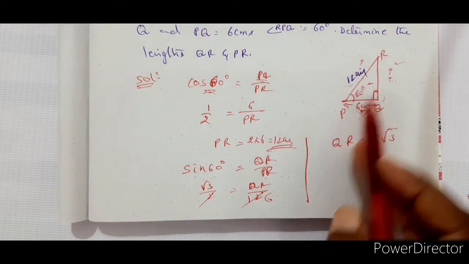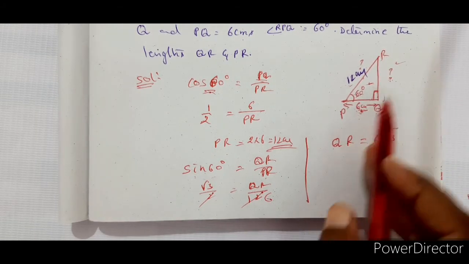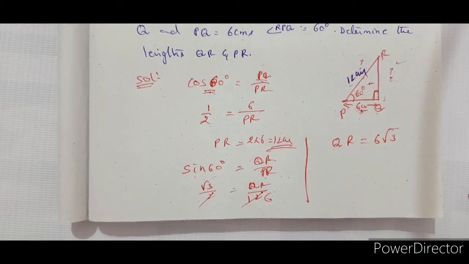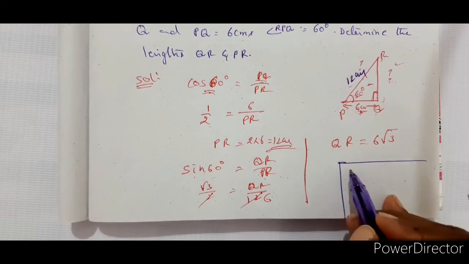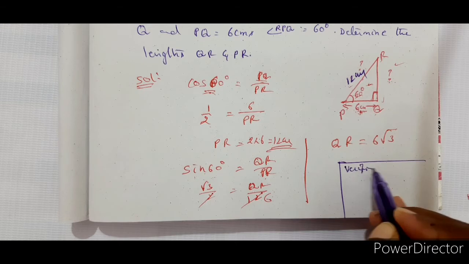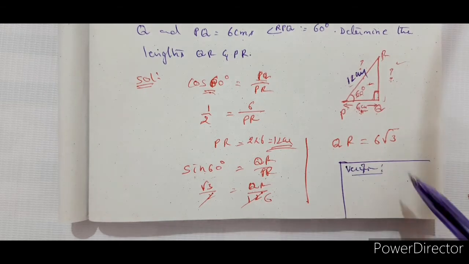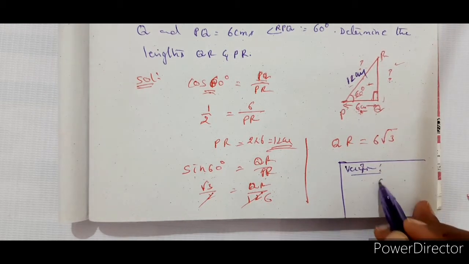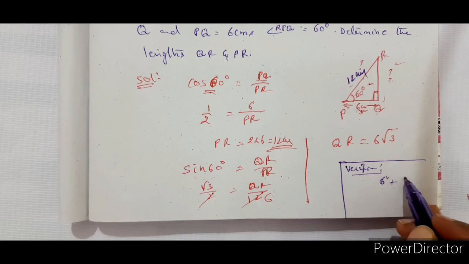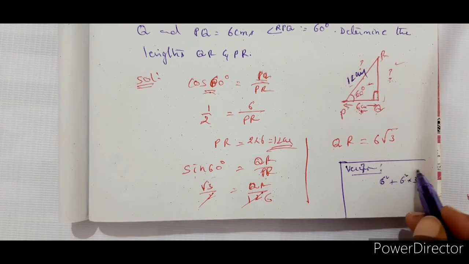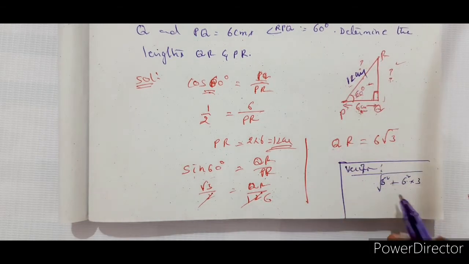Let us verify whether this is right or not. Verification part. Using what can we verify? Pythagoras theorem. 6 square plus 6 root 3 square should be equal to this much.